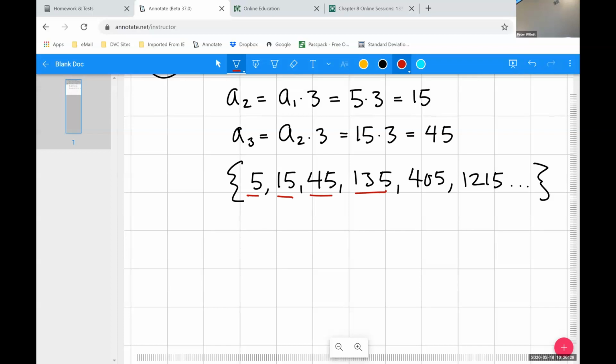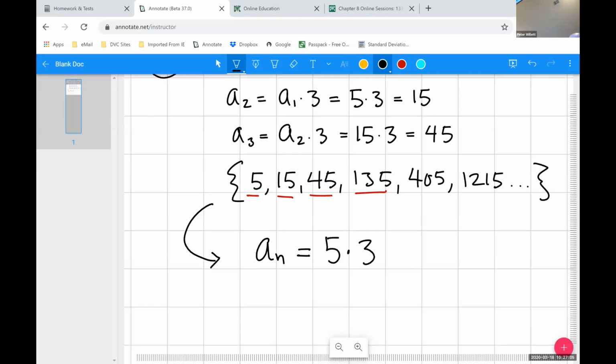All right, the reason these are so important as a particular kind of sequence is that the terms of the sequence are basically spots on an exponential function. For example, if I took the sequence I just generated and wrote it formulaically, I could write that a sub n started with a 5 and then multiplied by 3's.